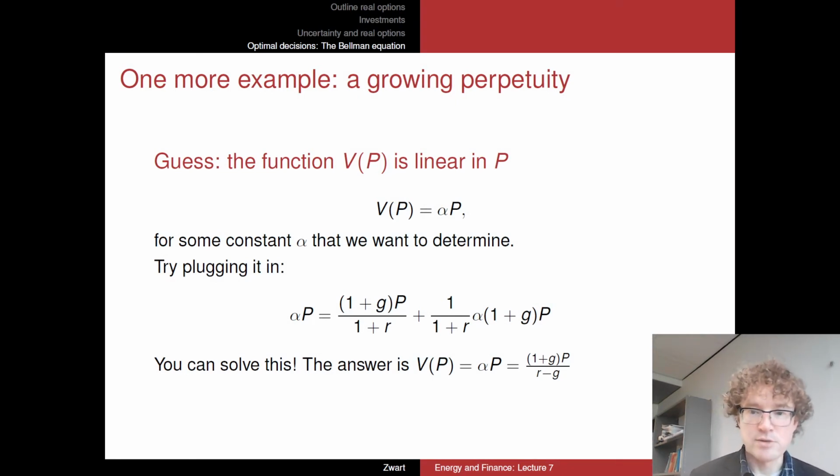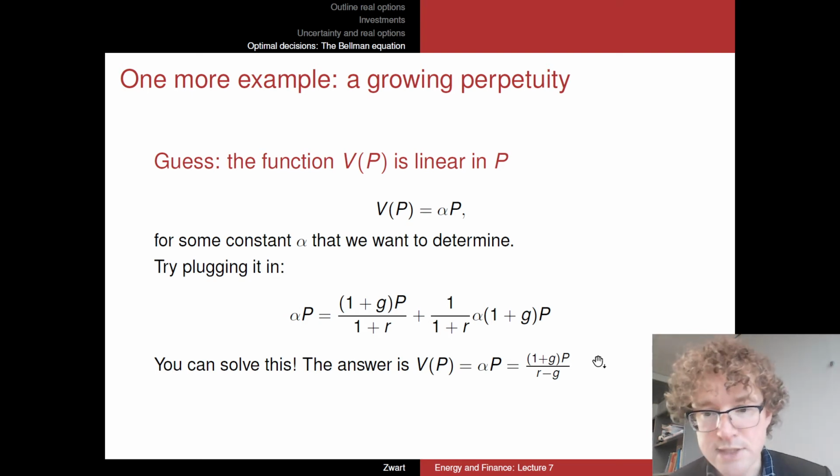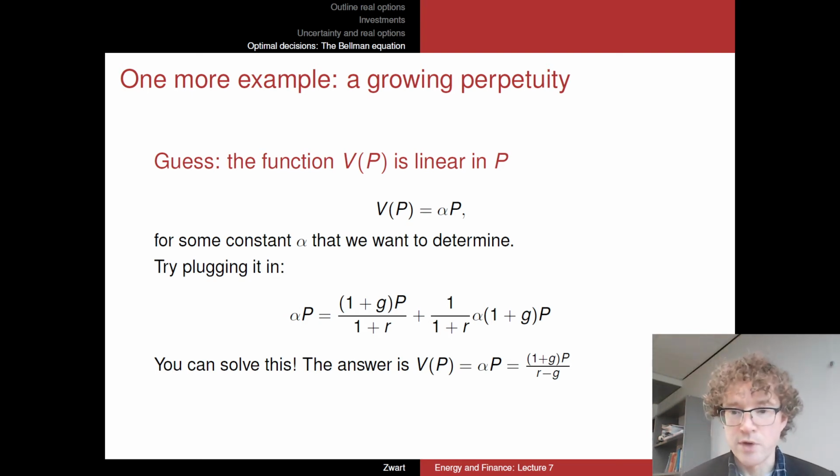So alpha times P is indeed 1 plus G times P divided by R minus G, as I just computed. So this is indeed the value of a growing perpetuity, and perhaps you've recognized this from your earlier finance courses. So a growing perpetuity, we can also value using this Bellman principle, this Bellman equation.